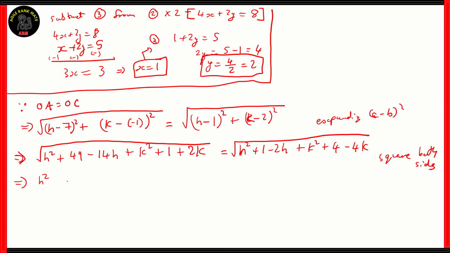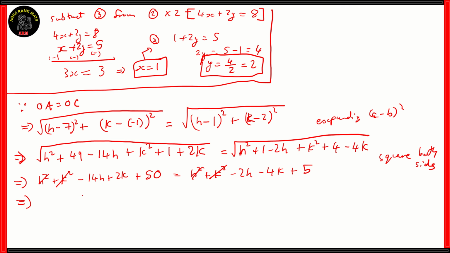So basically you get h squared plus k squared minus 14h plus 2k plus 50 equals h squared plus k squared minus 2h minus 4k plus 5. So h squared and k squared get cancelled.